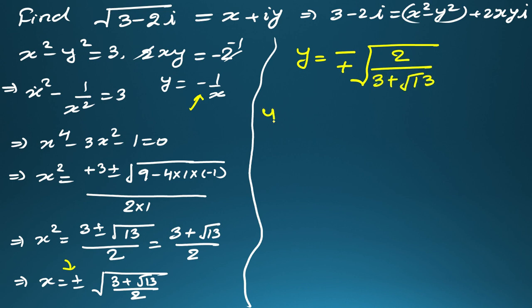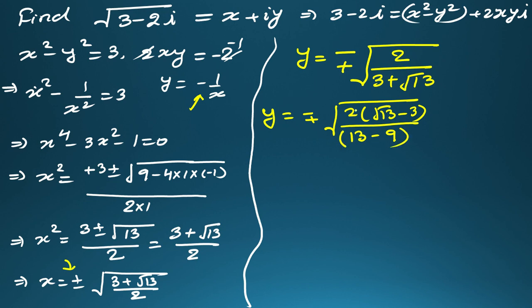Now we will rationalize it, so it will be minus plus square root of 2 times, I am multiplying numerator and denominator by square root of 13 minus 3, over a square minus b square. Now 13 minus 9 is 4, and 2 will divide 4 and it will become 2. So it is minus plus square root of (13 minus 3) divided by 2.